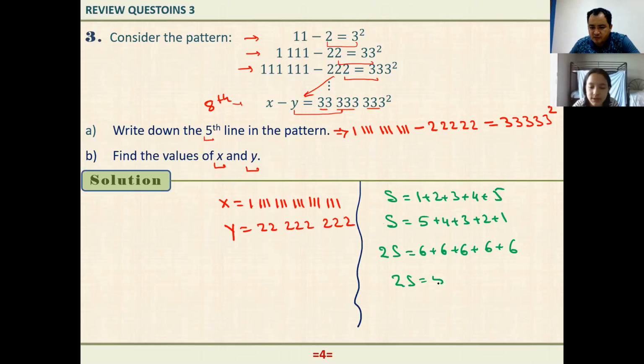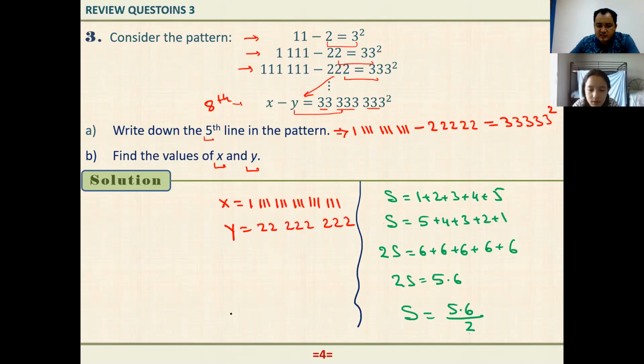So here we have 5 times 6. If you notice, what is this 5? It's the same because I have 5 numbers here. Now if I divide both sides by 2, what do we get? S equals 5 times 6 over 2. So actually we were looking for S, right? That S equals simply 5 multiplied by the next number, that is 6, and divided by 2.